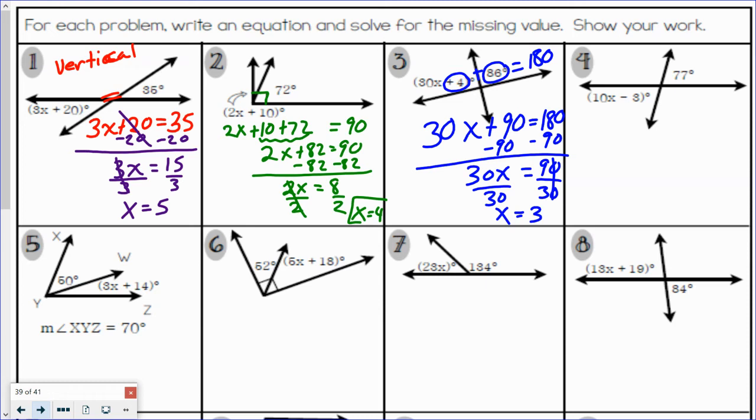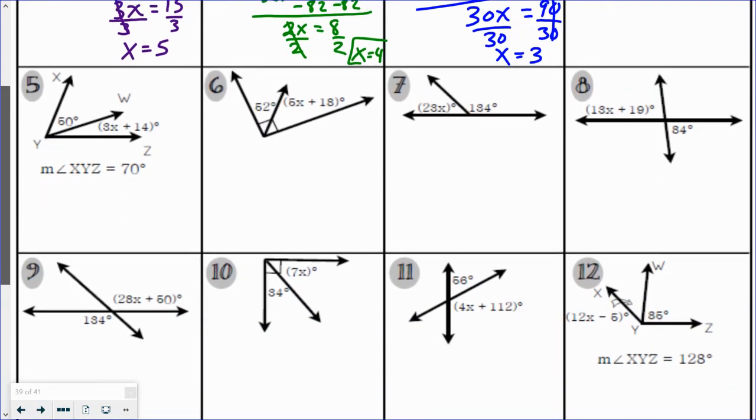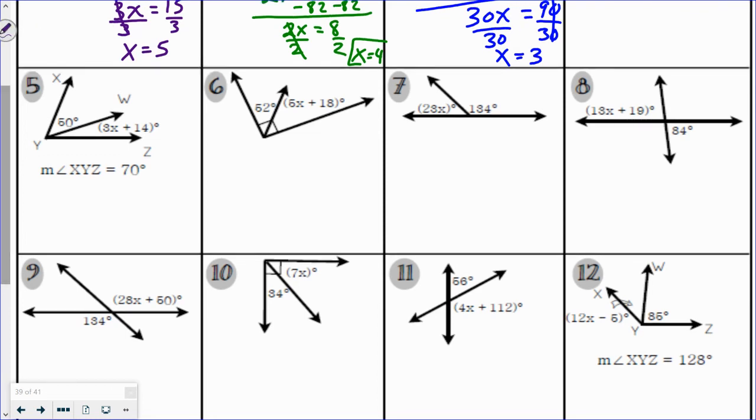Okay, so we've had a vertical, we've had 90 degrees, we've had 180. Let's look at number 5. Remember, m means the measure of angle XYZ. So all together across this, it is 70 degrees. So you're going to have to add these 2 together.